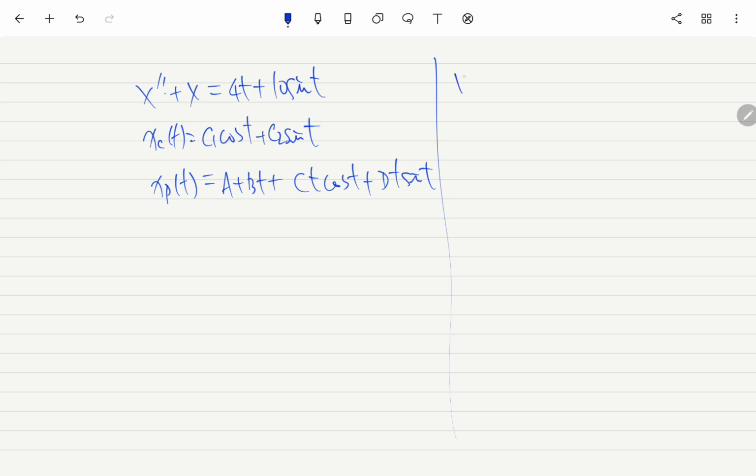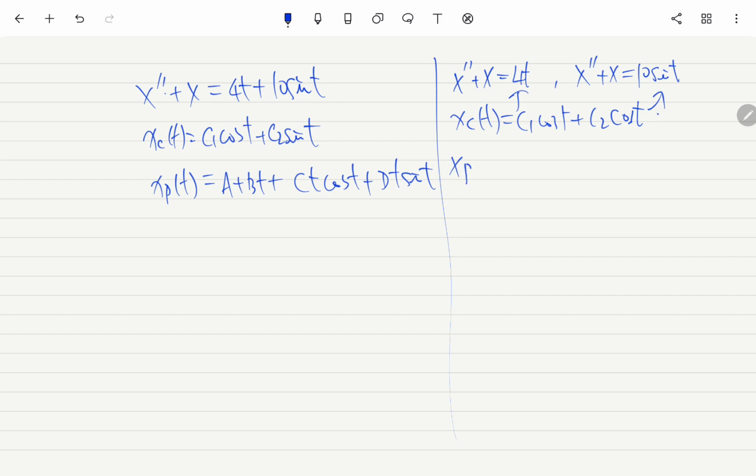One part is x double prime plus x equals 4t, and the other part is x double prime plus x equals 10 sine of t. Why can we do that? Because it is linear. So let's say xc of t is c1 cosine of t plus c2 sine of t for both cases.